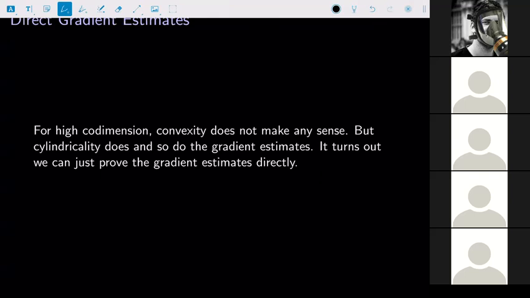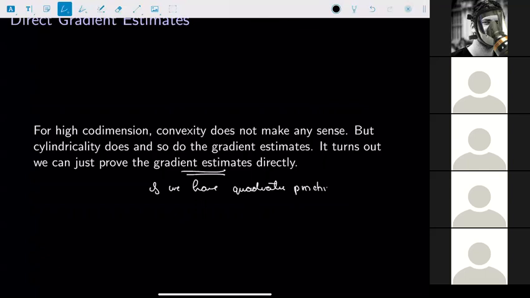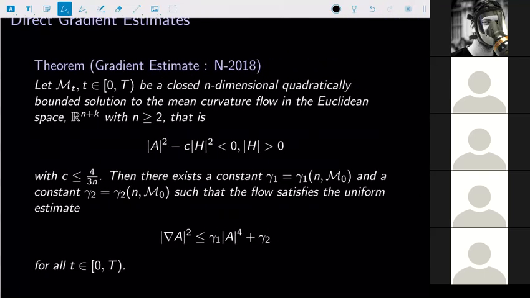And we can prove this gradient estimate first if we have quadratic pinching, which is just as well, because that's the condition that we have. So we have quadratic pinching, and if we have quadratic pinching, we can prove a gradient estimate directly.